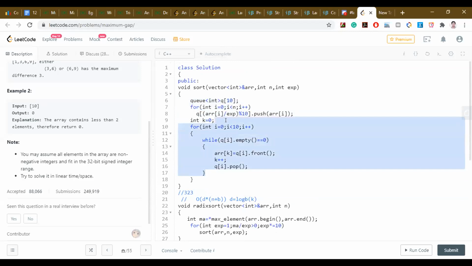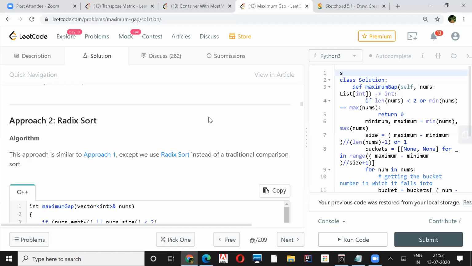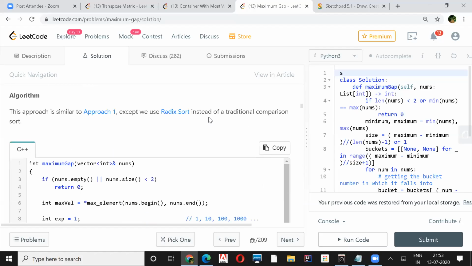So in my cumulative approach, what I should have done is, when I'm looking at that cumulative count, I should start from the last index actually. If I started from the last index of that auxiliary array, then I could have reached the right place. Let me quickly go through that again.